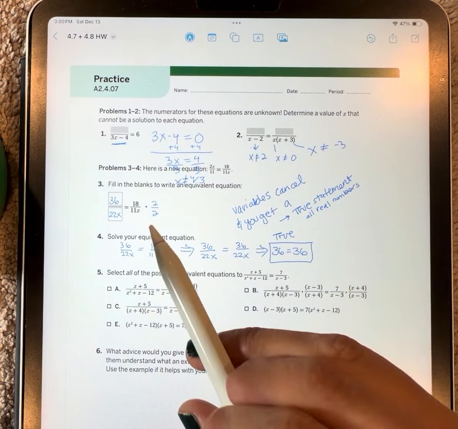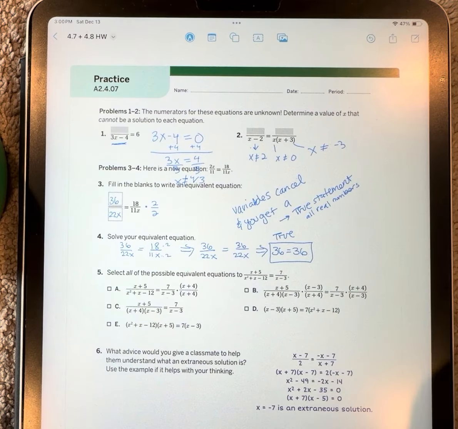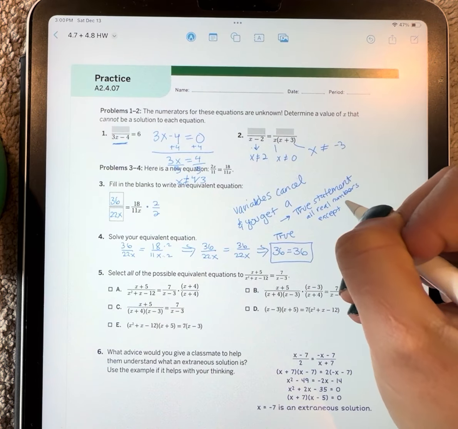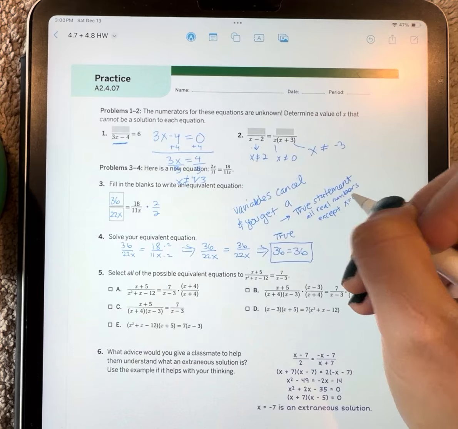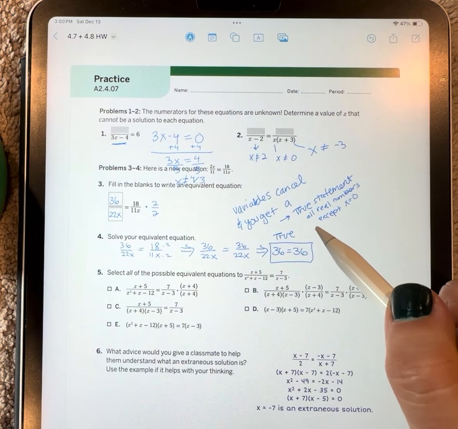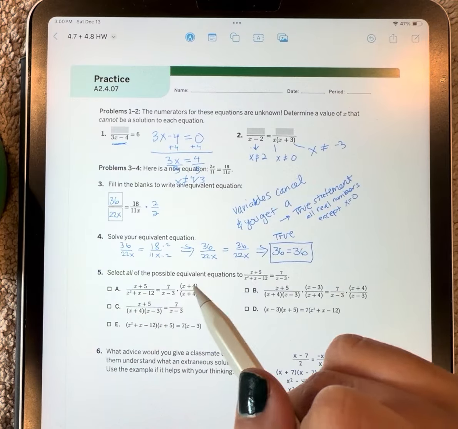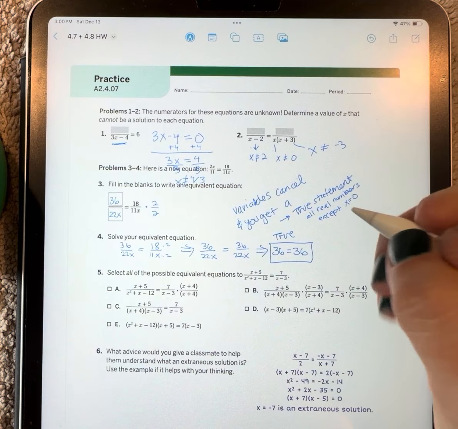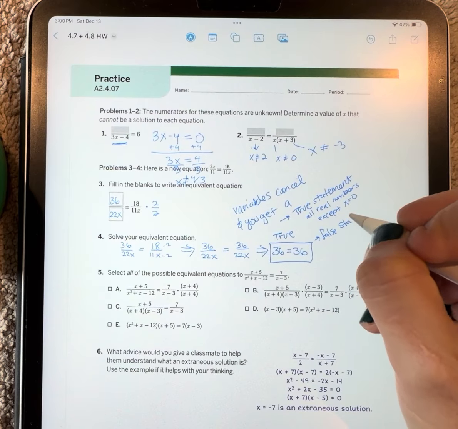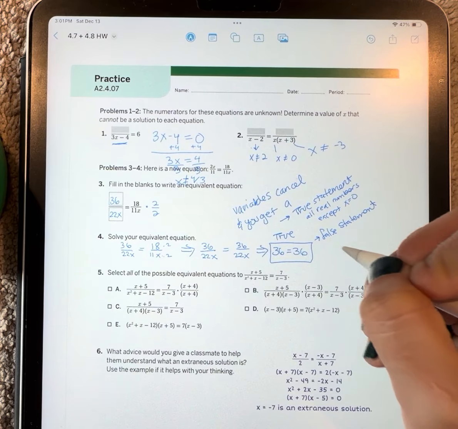That means you could plug 1 in and it would work, and 2 in and it would work, 3, 4, 5, 6. The only thing you can't plug in, all real numbers except, of course, 0. Because we can't put a 0 in the denominator. In this particular case. So that's what the true statement means. And if you get a false statement, that means there's no solution.